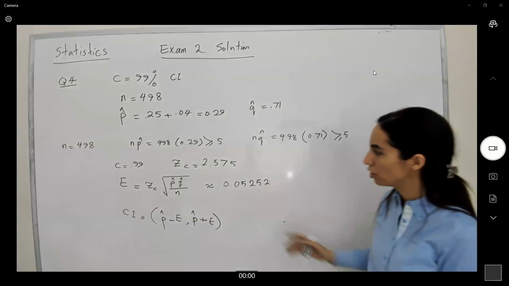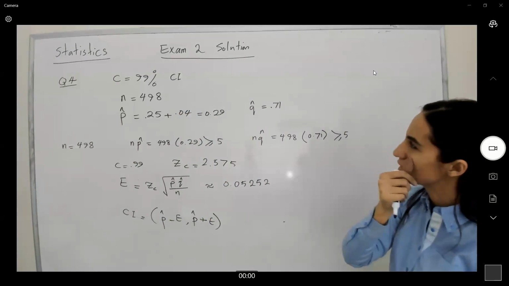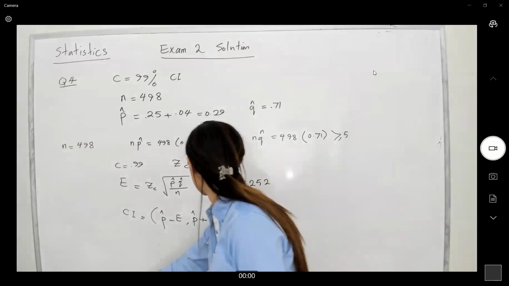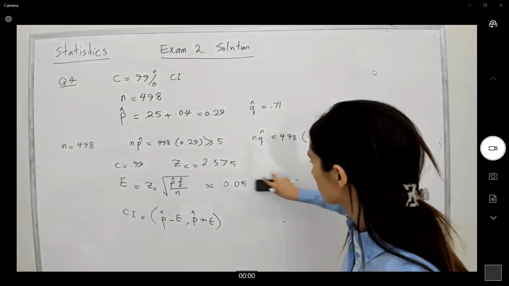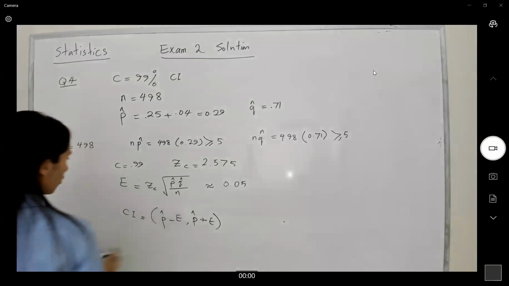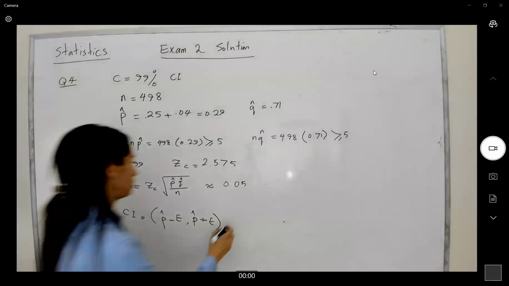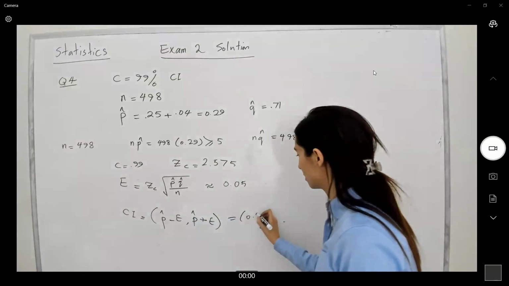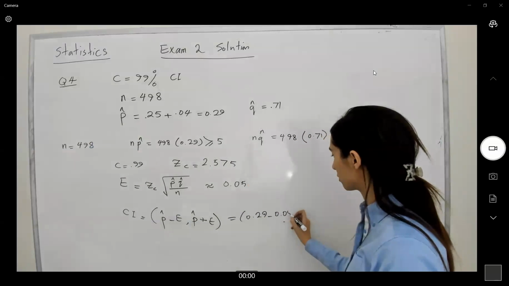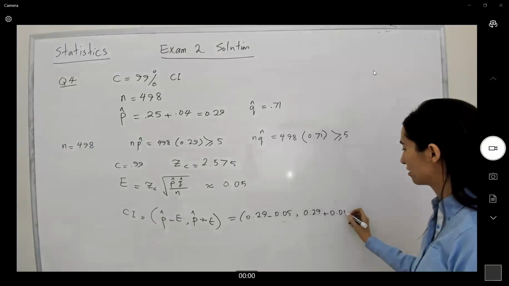Thank you. Since all of these have 2 decimal places, we can leave it as 2 decimal places. So 0.05. This is good. Now P hat is just 29%. So it's 29% minus margin of error and 29% plus margin of error.